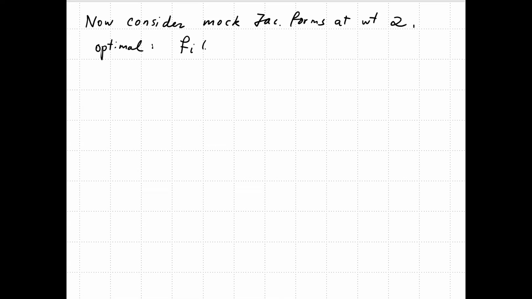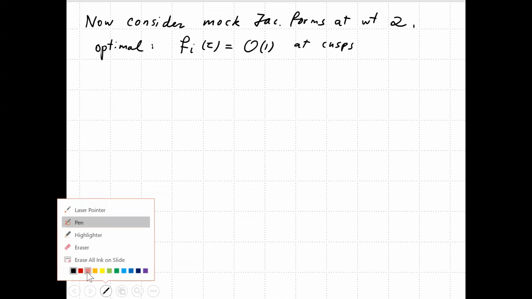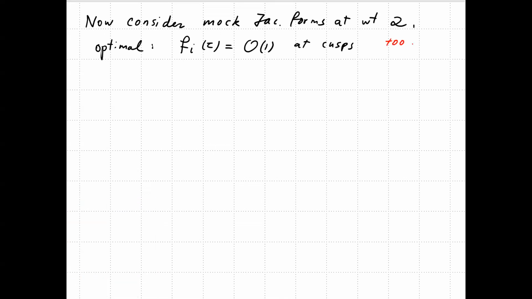So if we consider also mock Jacobi forms at weight 2, then optimal, meaning again that the components are finite at cusps, is also a problematic definition, because before it had no solution, now it has too many solutions.